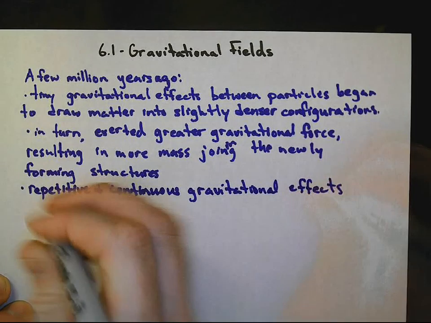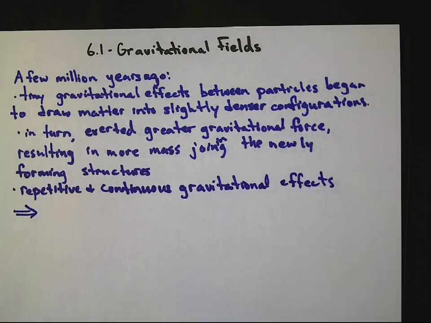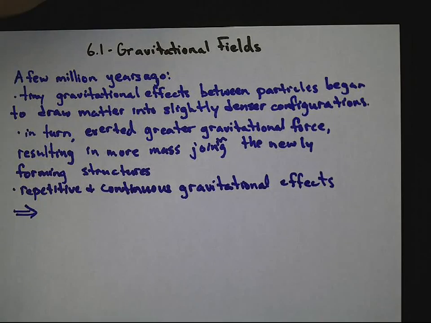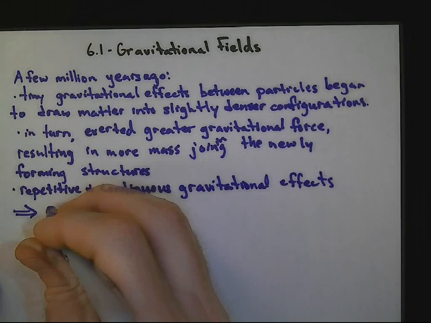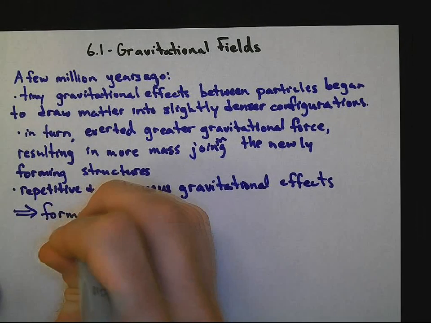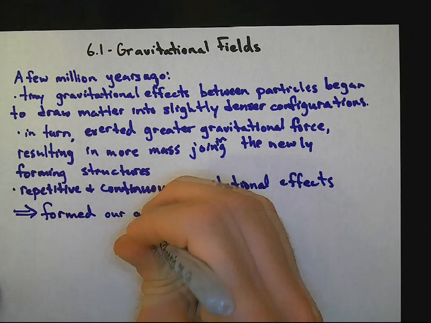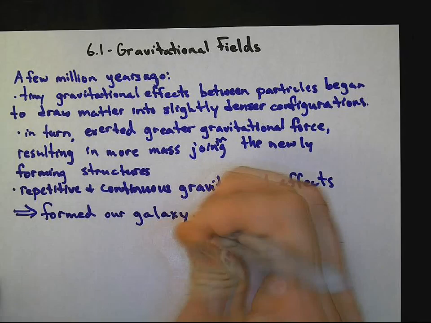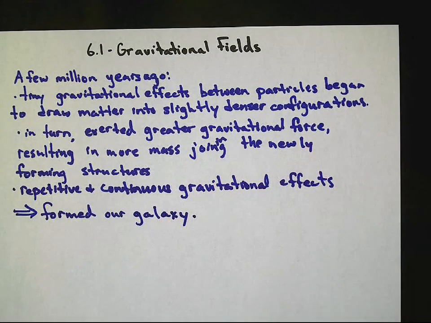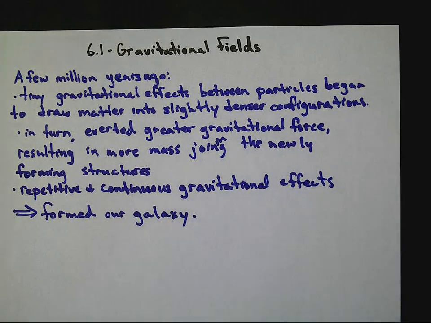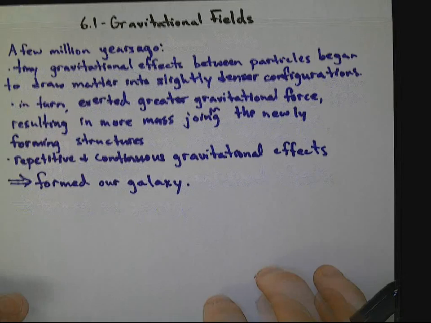And all of this, what did that end up doing? Well, all of this formed what we now know to be our galaxy. And by forming this new galaxy, we could also analyze and study the universal law of gravitation.